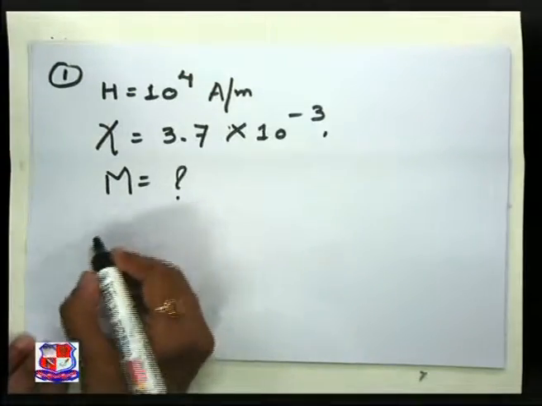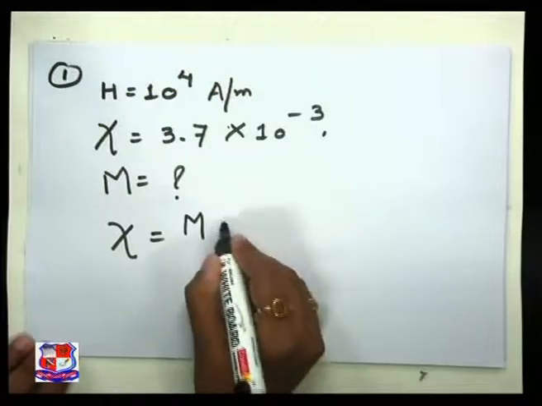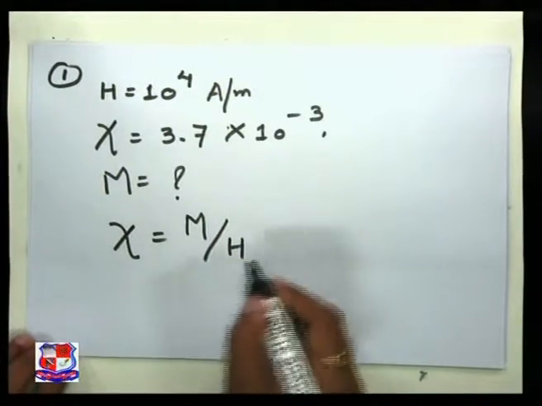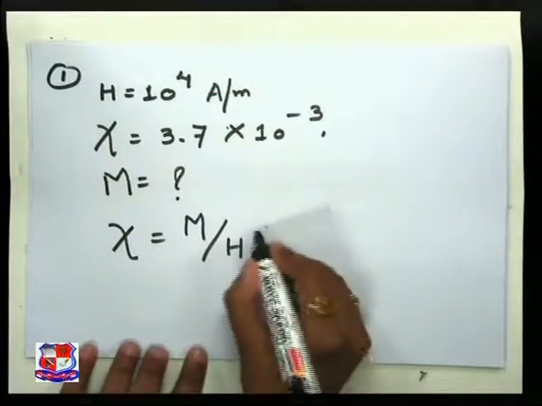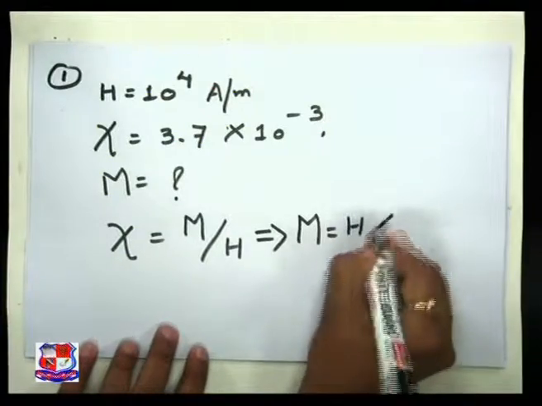For this we will use the simplest equation for chi, the symbol for susceptibility: chi is equal to M by H. That implies M is equal to H into chi.